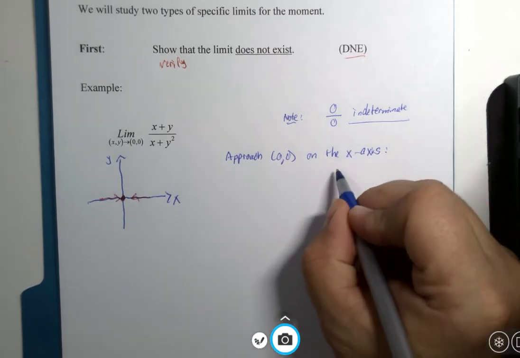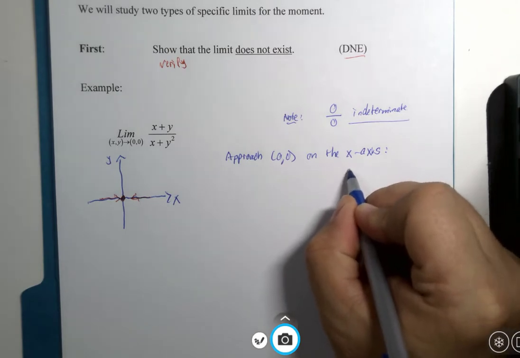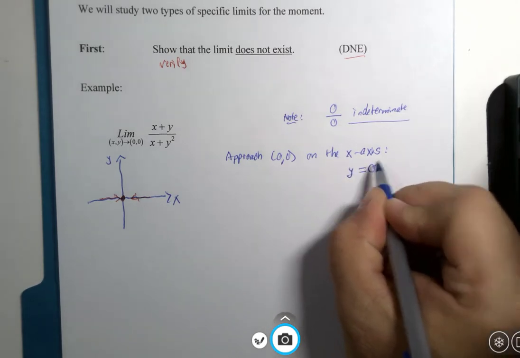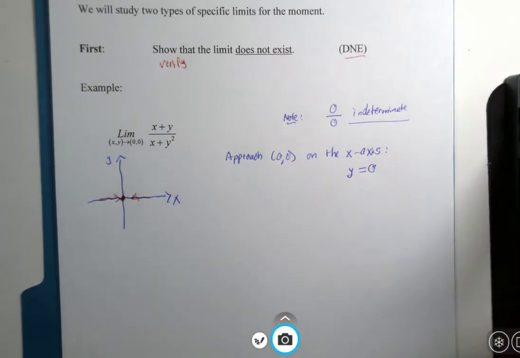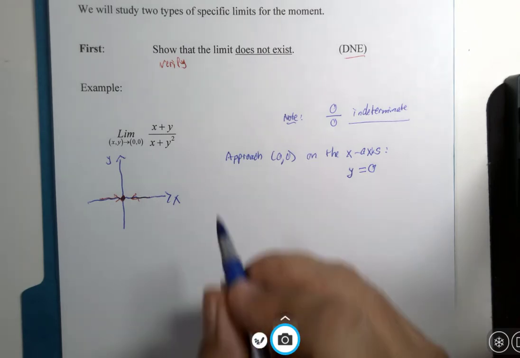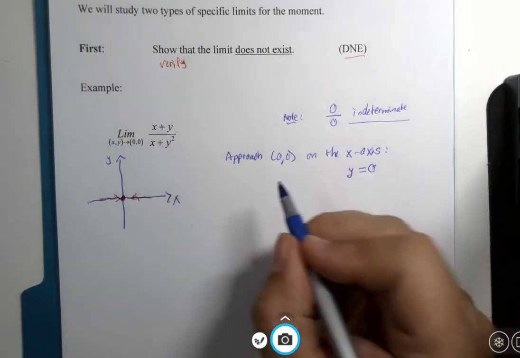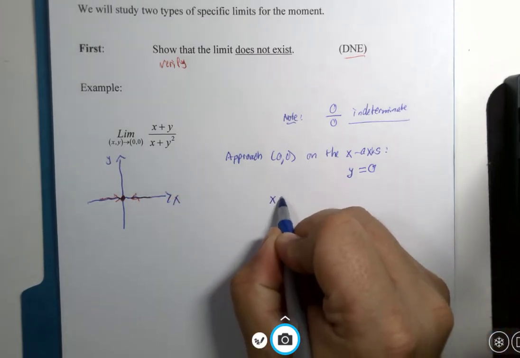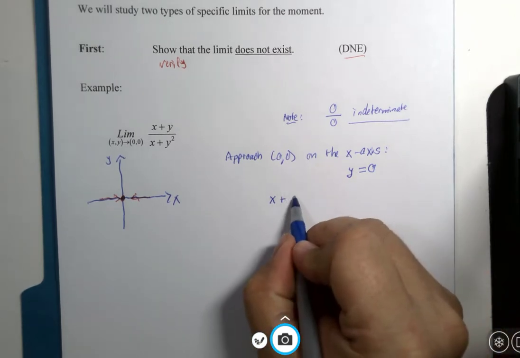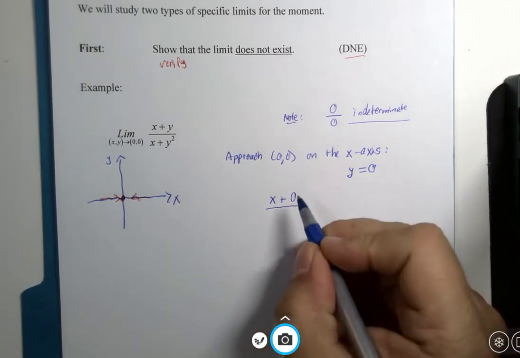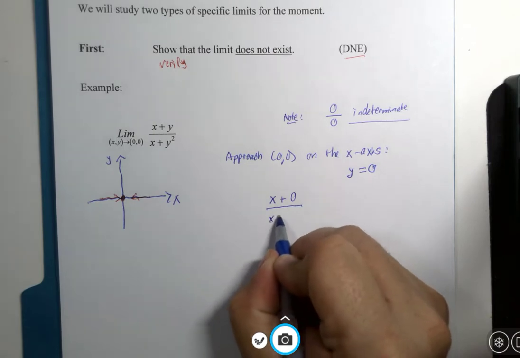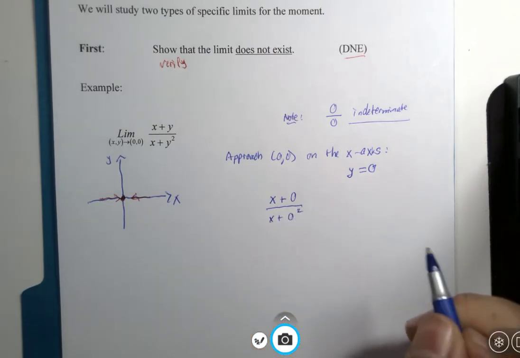First, I want to note that the x-axis is where the y values are equal to 0 already. So what that means is we're going to take our algebra expression, x plus y, but y is going to be 0, and x plus 0 squared.